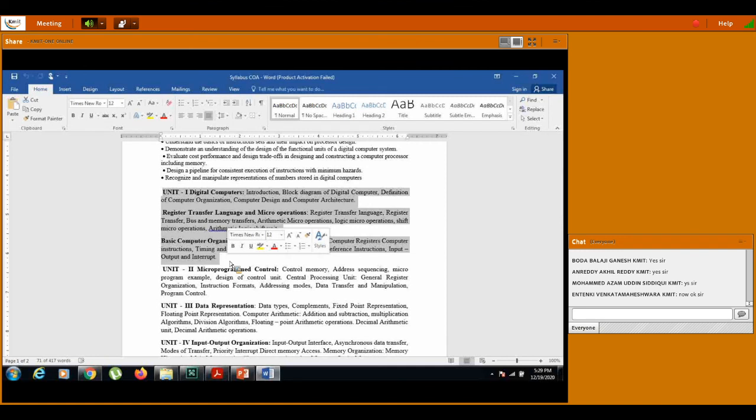For IT people you are having only these two concepts in unit 1, and in unit 2 you are having this one, including control memory, address sequencing and program example, which is what we just discussed. Later in the second unit for IT, you have computer arithmetic operations, addition, subtraction, which we discussed previously.